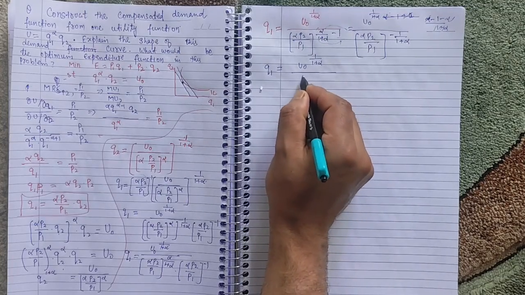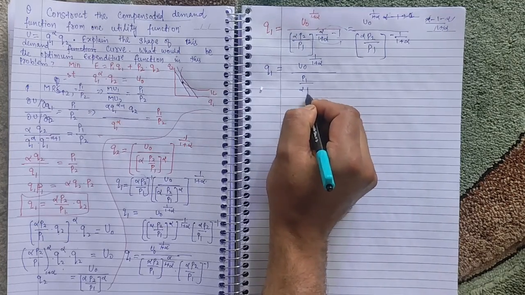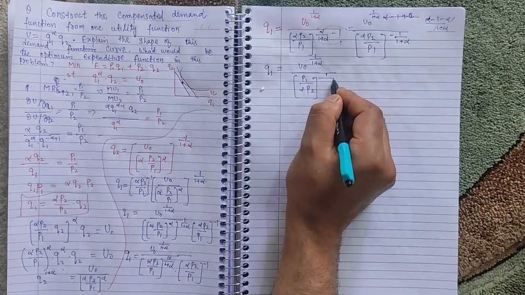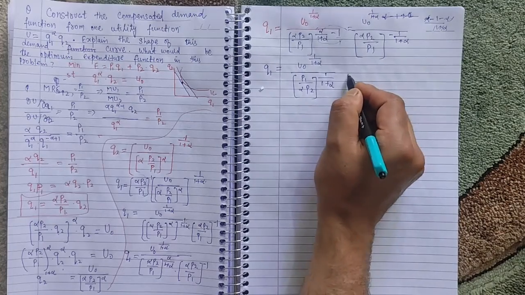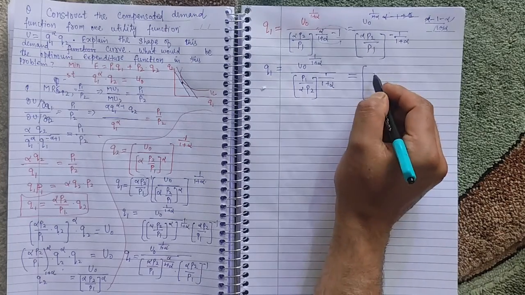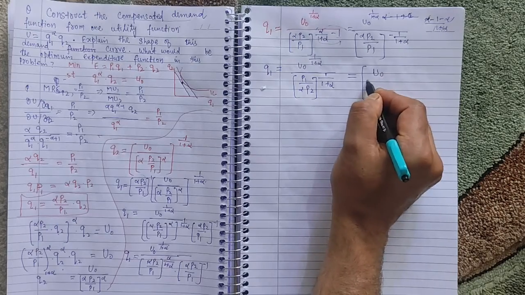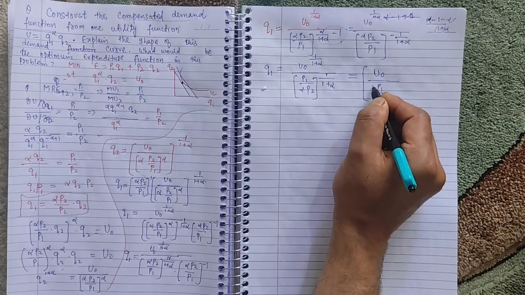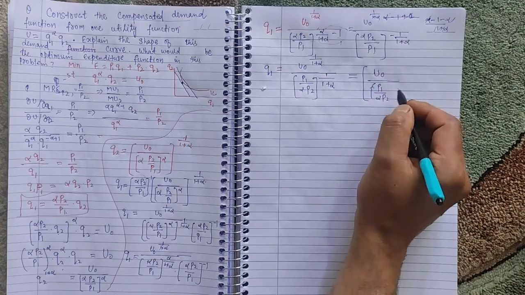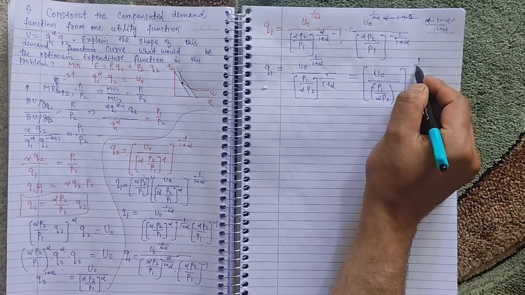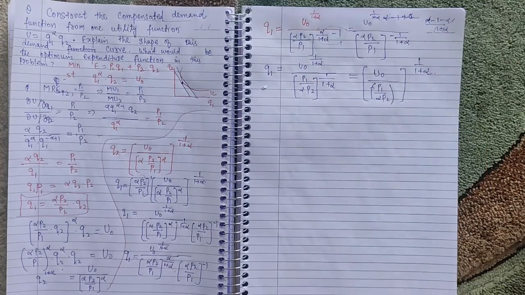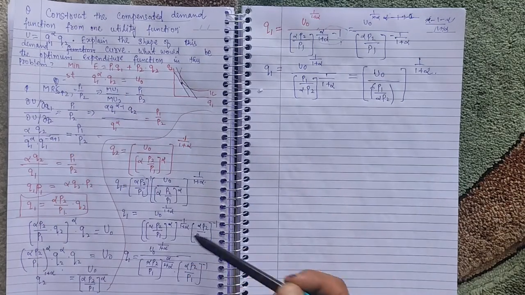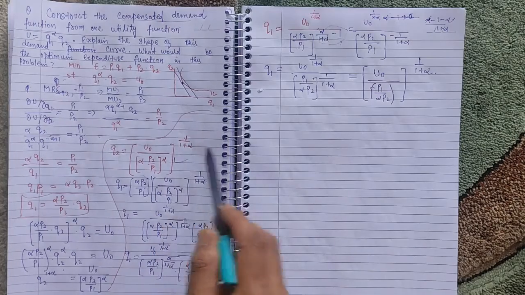So we can write p1 divided by alpha p2 raised power, so the exponent will become positive 1 divided by 1 plus alpha, or we will get u naught divided by p1 upon alpha p2, whole raised power 1 divided by 1 plus alpha. These are the demand functions for good q1 and q2 here. So this is q2, this is our q1.